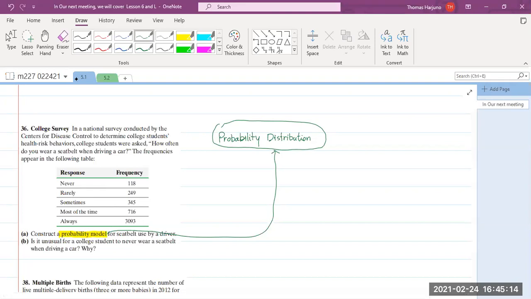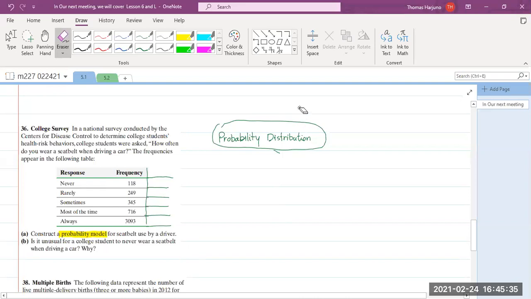Okay, now then how do we construct probability distribution? Now we already have the frequency. Then the probability, basically we can extend that table and construct the relative frequency. But let's find out first what's the total for how many people being surveyed.